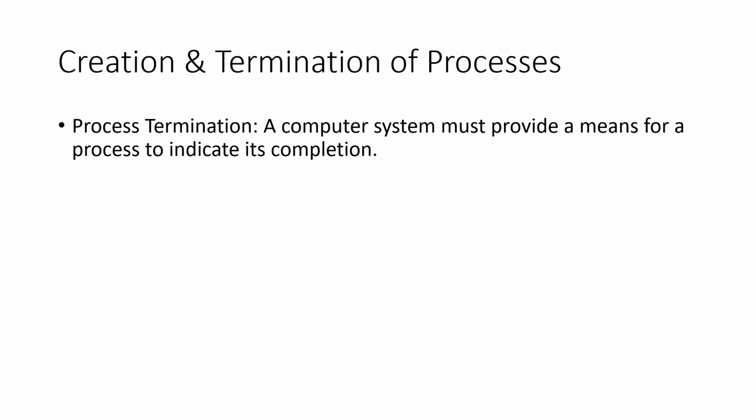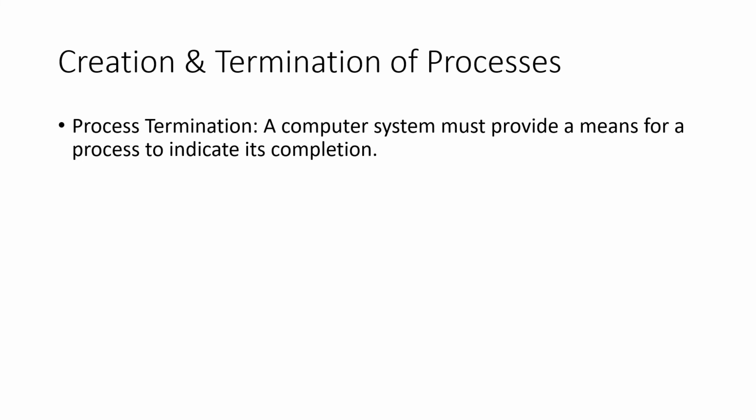Now we'll see process termination. A computer system must provide a means for a process to indicate its completion. A batch job should include a halt instruction which will generate an interrupt to alert the operating system that a process has completed.